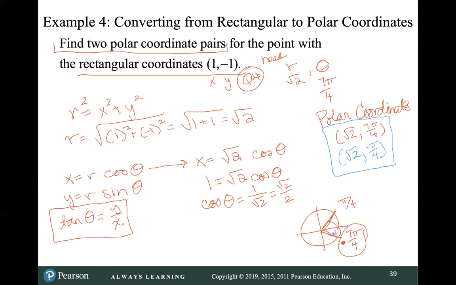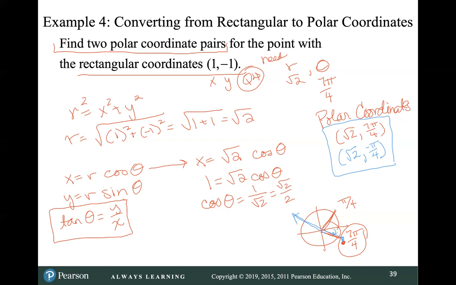Sometimes I will ask you specifically to find one with a negative radius. Sometimes I will ask you to specifically find one with a negative angle. So we should be familiar and comfortable doing all of those things. If I wanted to do this same question with a negative radius, then I would say, okay, a negative radius means I need my angle to go the opposite way. I need to flip the ray 180 degrees.